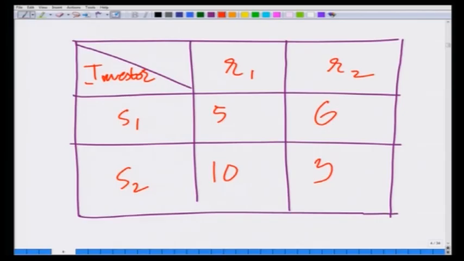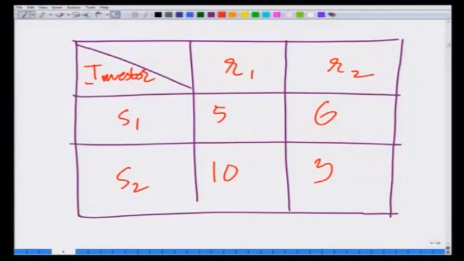Stock 1 yielded a return on investment of 5%, stock 2 yielded a return on investment of 10% in the past year, and in the year before that stock 1 yielded a return on investment of 6% and stock 2 yielded a return on investment of 3%, and now you are trying to figure out for the current year, how do I invest in stock 1 and stock 2.